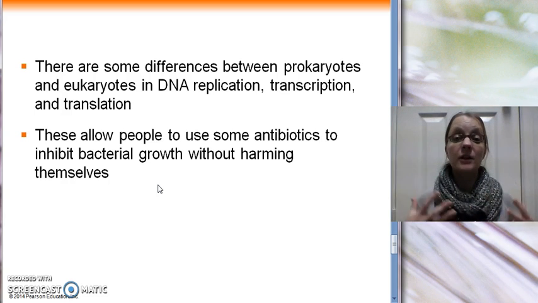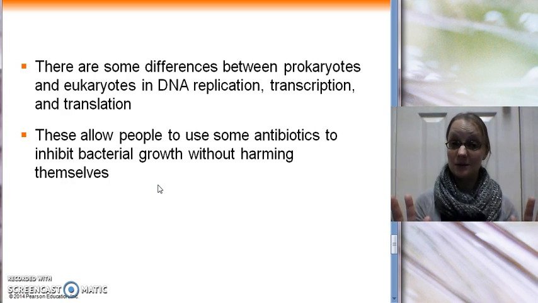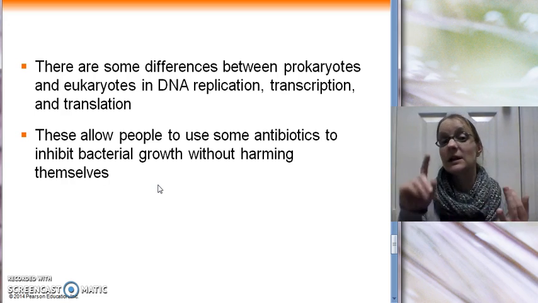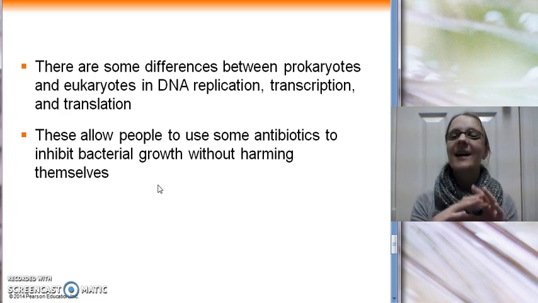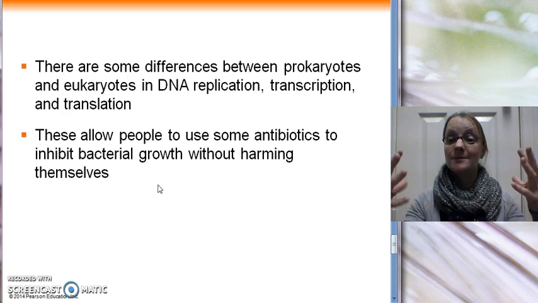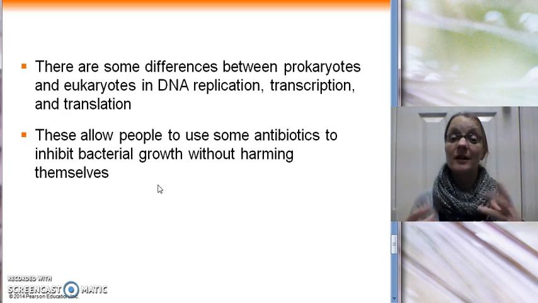We want to leave all the eukaryotic cells of the human being totally and completely intact, right? No harm to the host, but we definitely want to kill the bacterial cells causing the infection. So we do things like target the ribosomes that are a little bit different in bacterial cells, or target that cell wall that has that different composition in those bacterial cells so that we don't harm the extracellular matrix, for example, of the host animal cell.